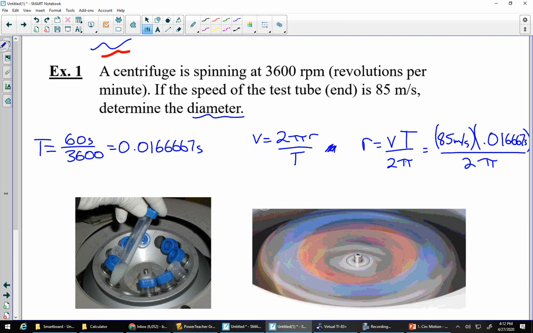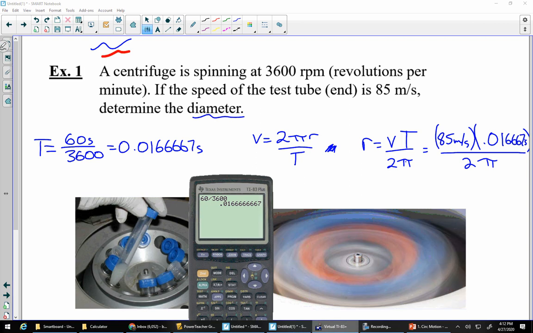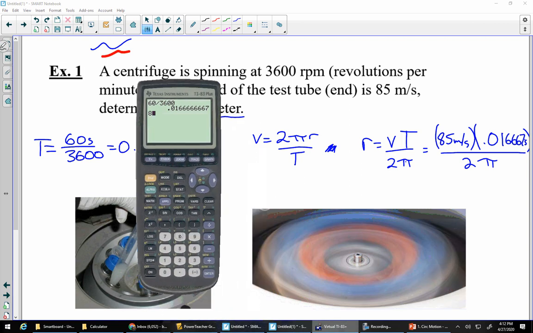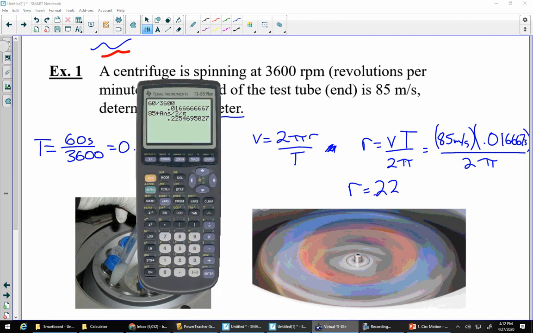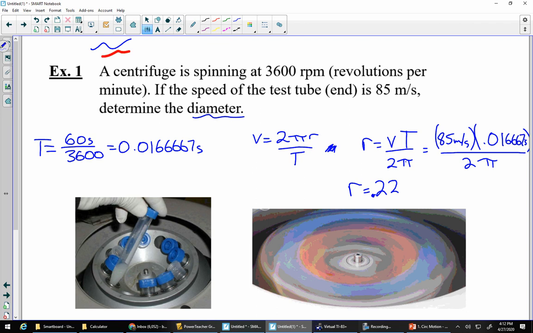Please don't put 3.14 for pi. There's a button on your calculator. Actually push the pi button. So let's have a look. I got 85 times my answer divided by 2 and also divided by pi. Pi is second function and directly above the dividing sign. So I hit enter on that one, and my radius is going to be equal to 22.5 centimeters, or 0.225 meters, which means my diameter is just going to be twice as much.